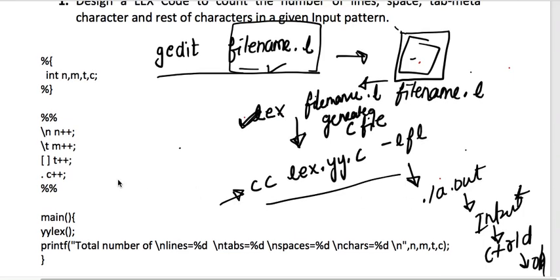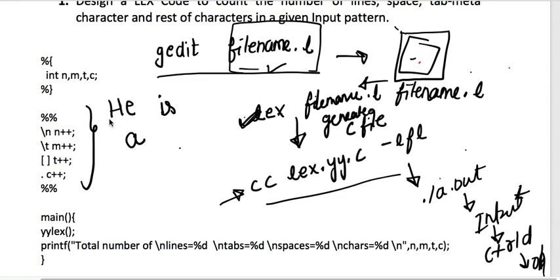Now let's see once more how it is going to work. First of all just listen. Let's suppose you are giving as input h, space, t, tab, line change, a, then enter line change.